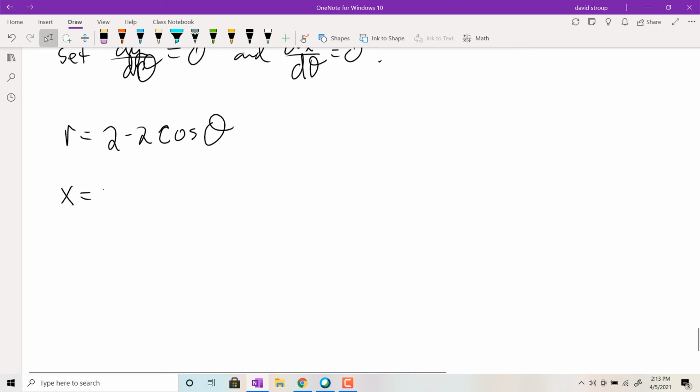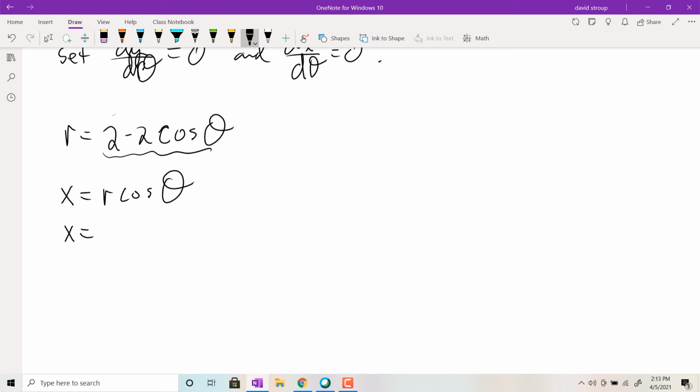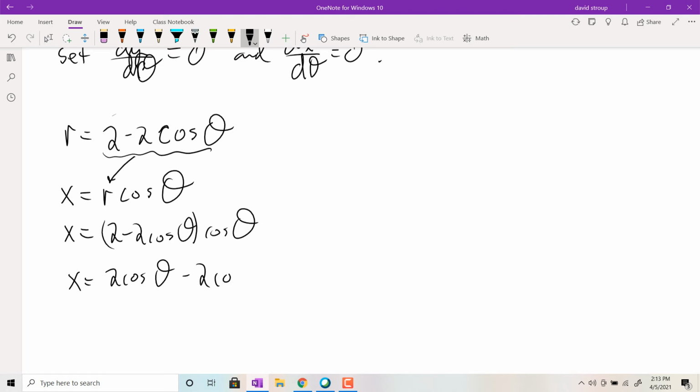So remember, x is r cosine theta. So x will become, when I do my sub, 2 minus 2 cosine theta times cosine theta. And that will give me 2 cosine theta minus 2 cosine squared theta. And that's the thing you take the derivative of, okay, and set it equal to 0.